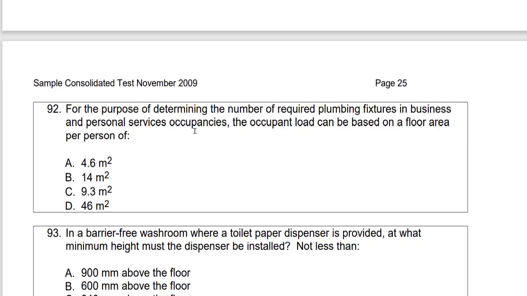They tell us how much area one person will take up. Remember, the number of washrooms will be based on the area of the building. So if it's a small building, fewer washrooms. A big or large building, more washrooms. And that is also based on the type of occupancy and occupancy load.